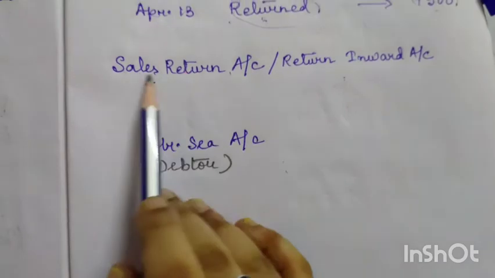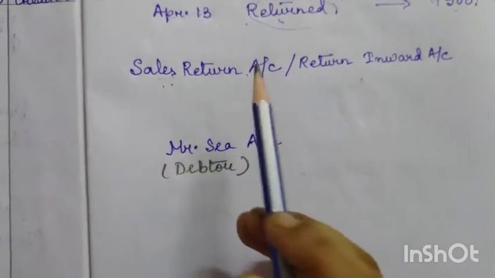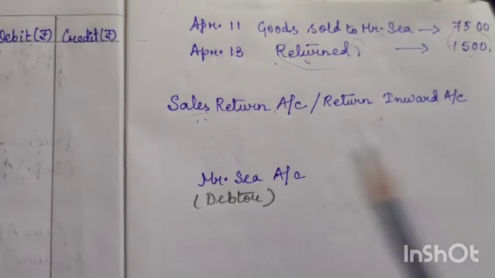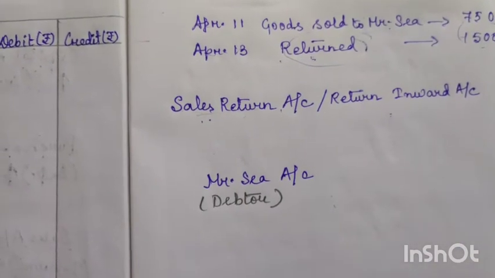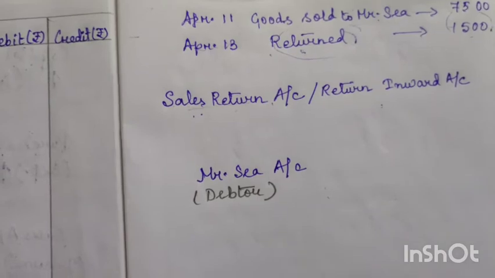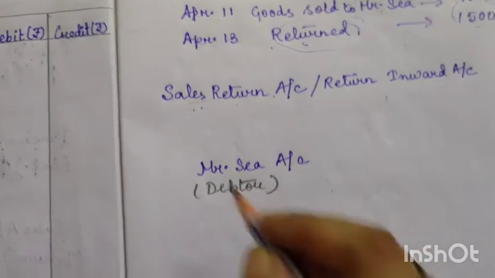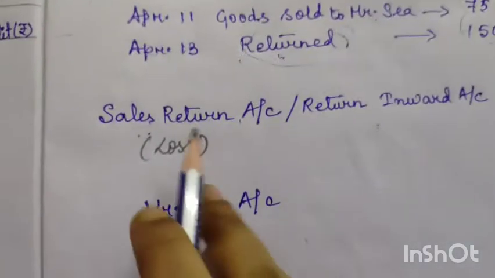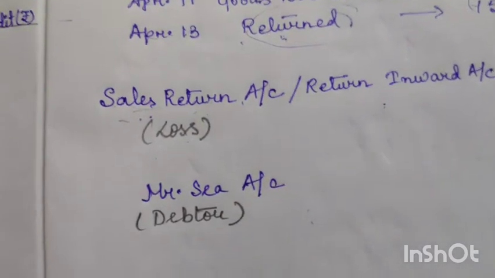Okay. Now sales return. Whenever we have sold to the customer some goods, and if the customer comes back and returns us the goods, that is a loss for us. Okay, that will be a loss. So sales return is a loss.